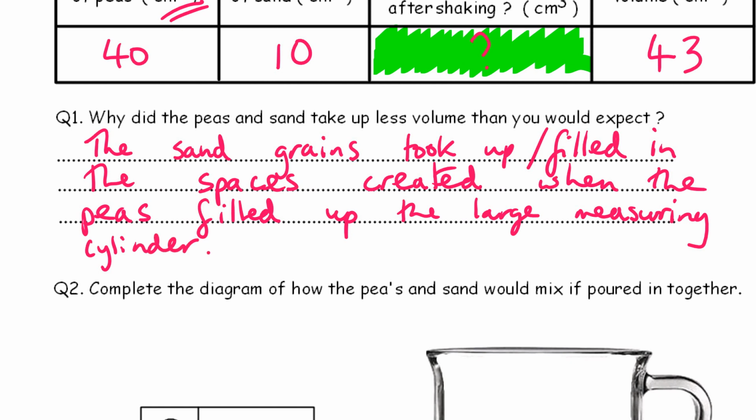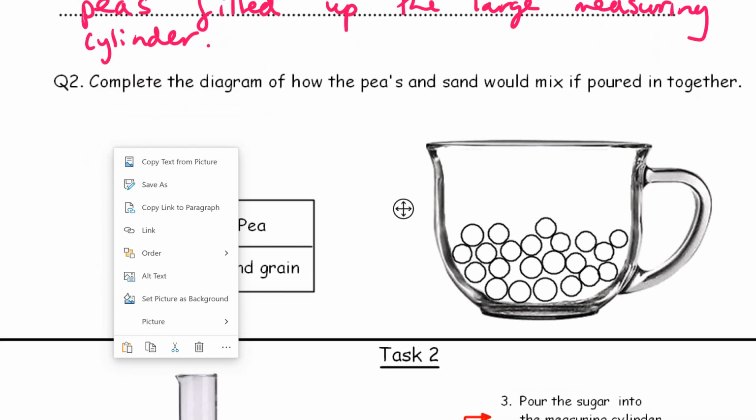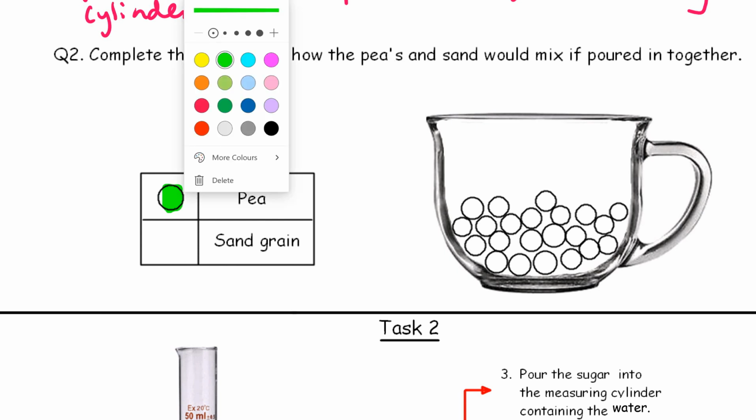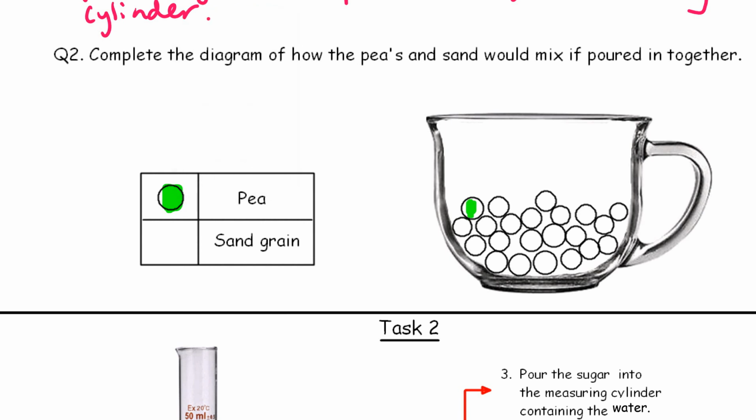Now what we're going to do is, I always find things easier to understand if we visualize things. We put it down in picture form. So the peas are here.